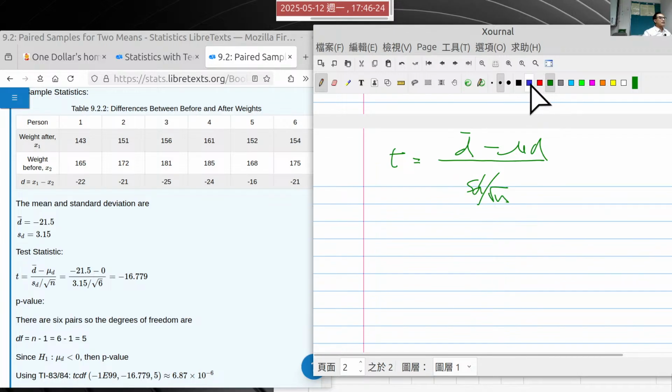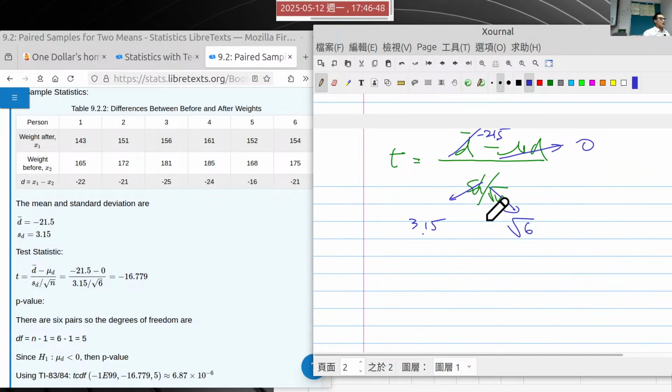We can rewrite it. D bar is minus 21.5, mu D is 0, standard deviation is 3.15, and square root of n is square root of 6.